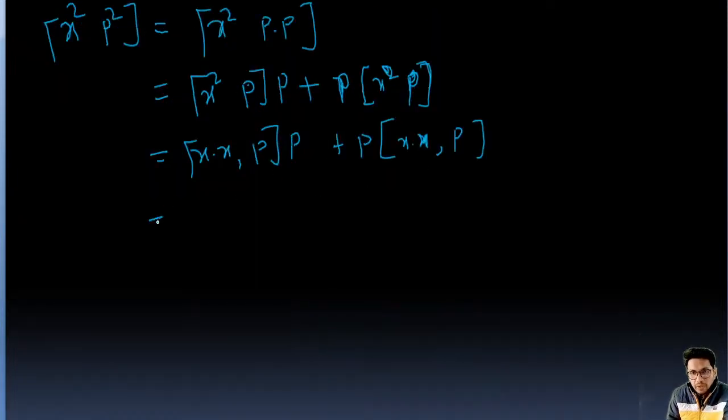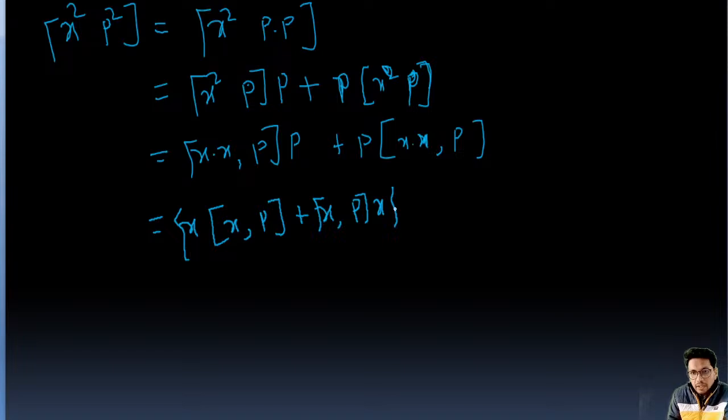So again we'll write the value. So this is going to be x comma p, plus xp outside x, and then this is going to be p.